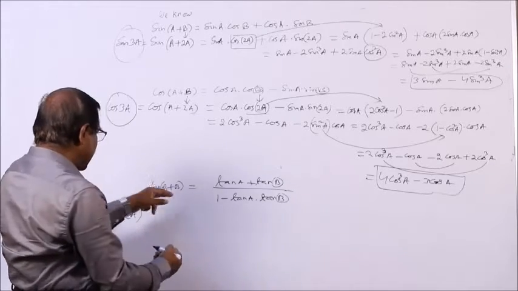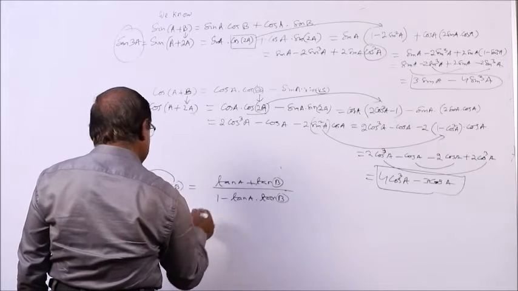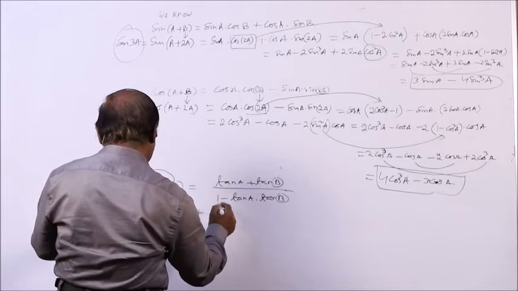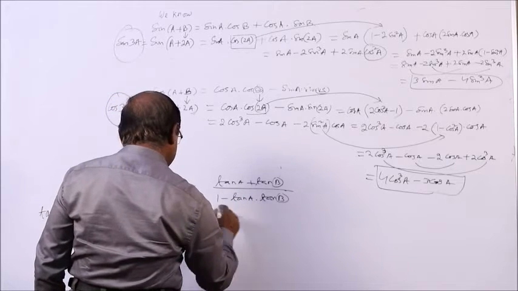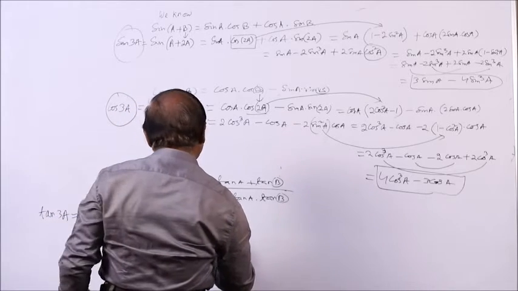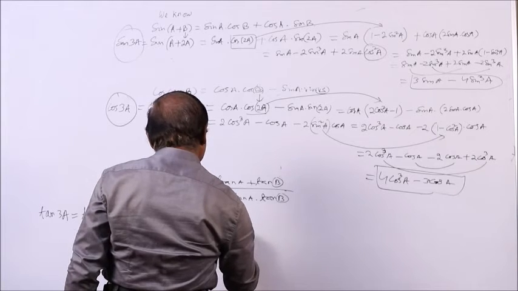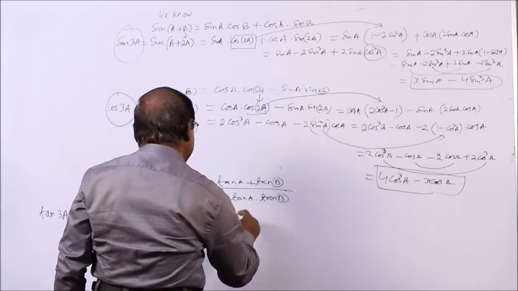Now, we apply the formula tan (A plus B), that is in place of B we are writing 2A here, tan A plus tan B, tan B is tan 2A, by 1 minus tan A into tan B, in place of B I am writing 2A, right.